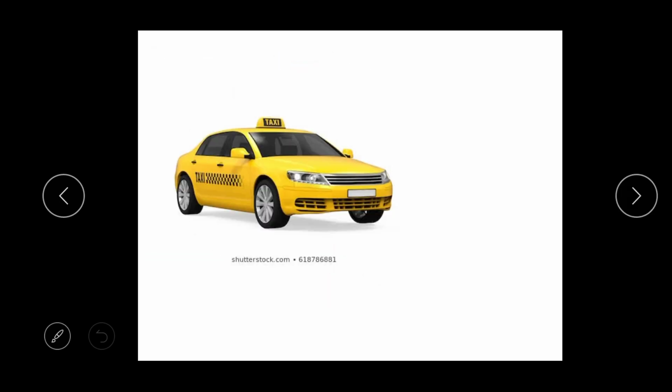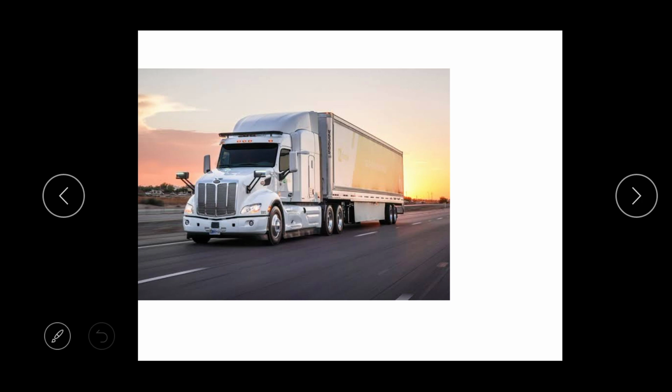Another vehicle under land transportation is trucks, and trucks are used to carry heavy loads on long distances. So if you want to carry heavy loads like chairs, beds, anything that is heavy, you can use your trucks.